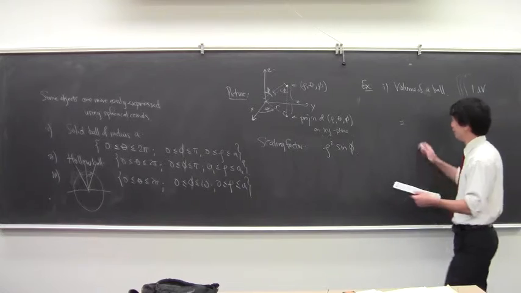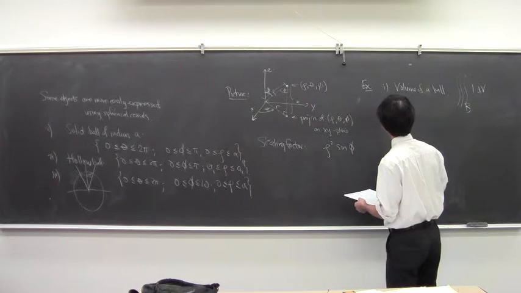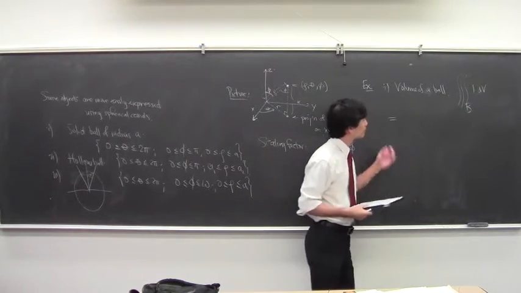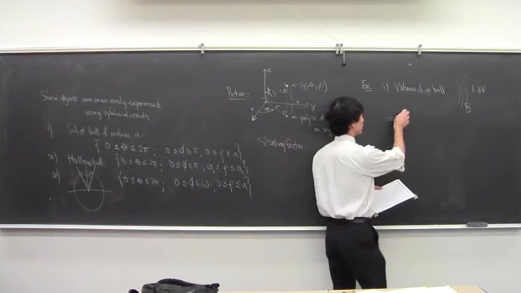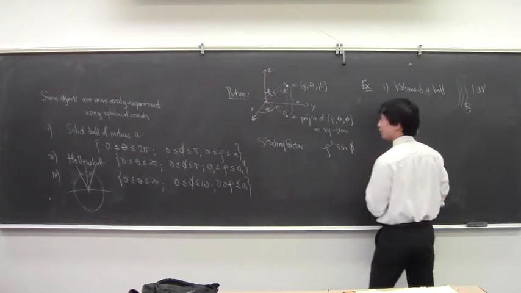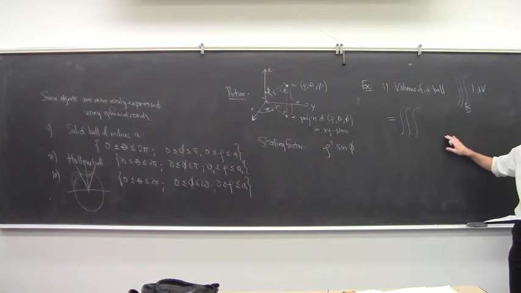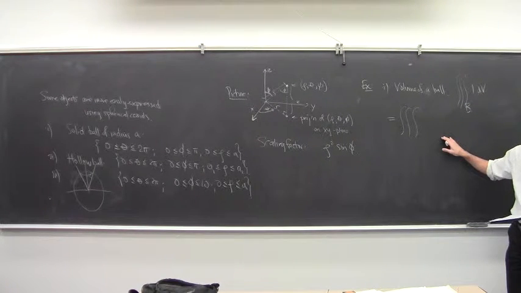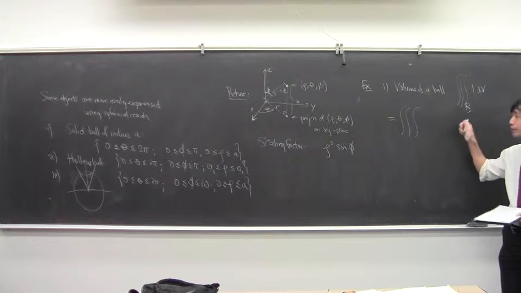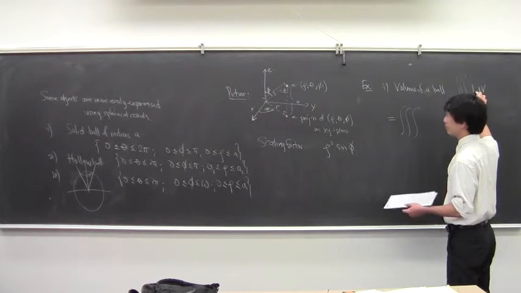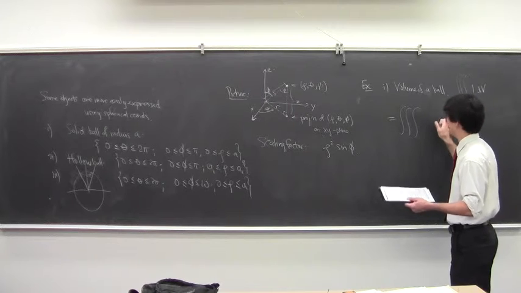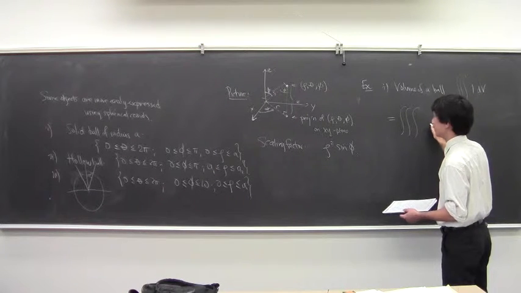Okay. Yes. So, what's the integral? First off, what are we going to integrate here? The scaling factor. The one is still a one. No matter what you do with it, it's still going to be one.